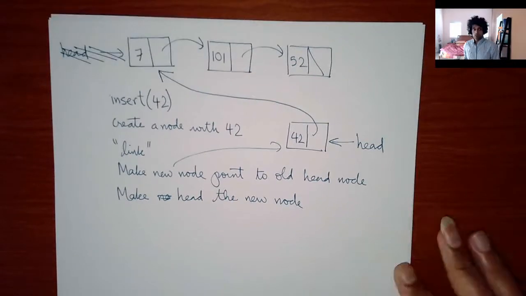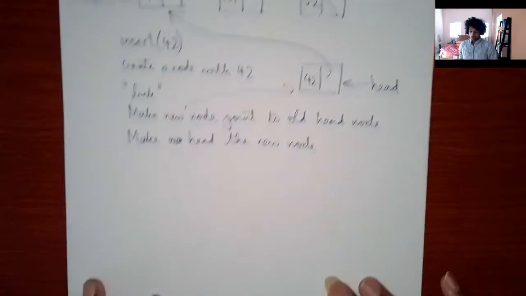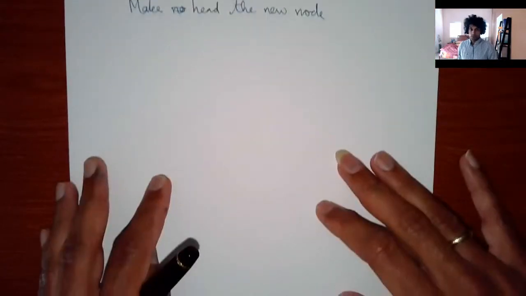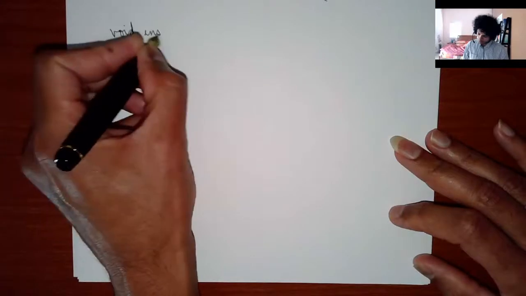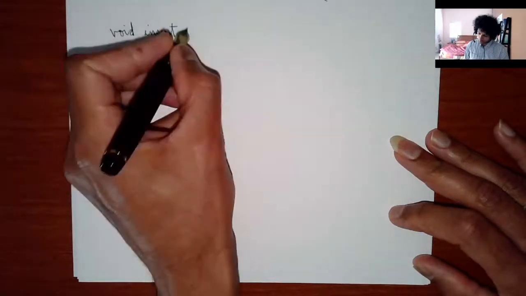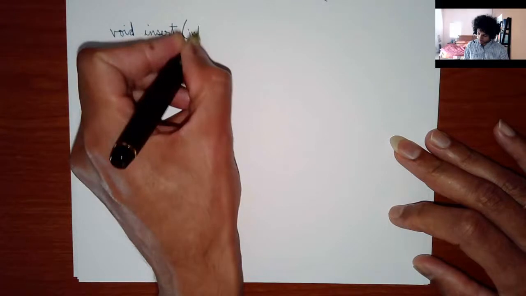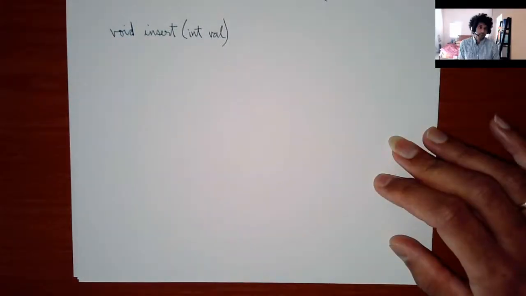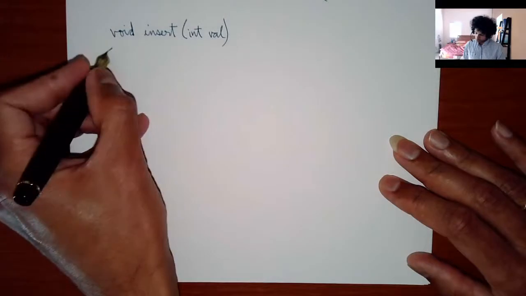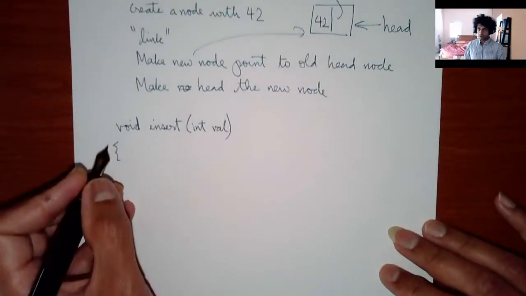Okay, so let me continue, and I want to write out the code for insert, and make sure that you all understand what's going on here. Insert is void because it doesn't return anything. So I'm just going to go back to my pseudocode.